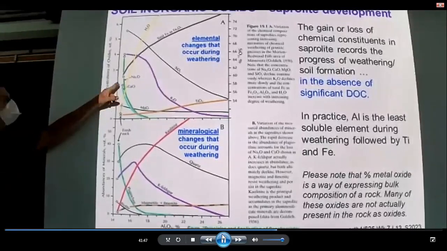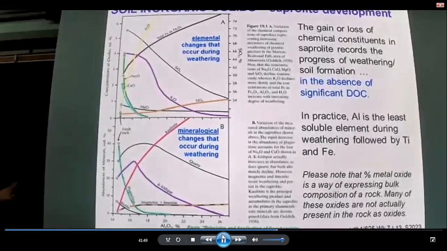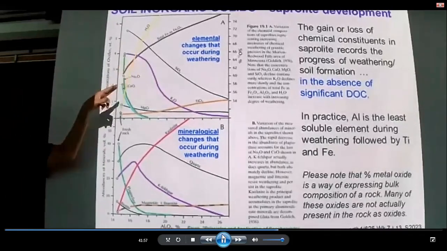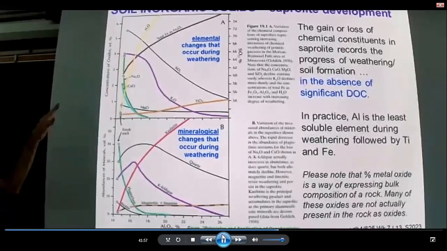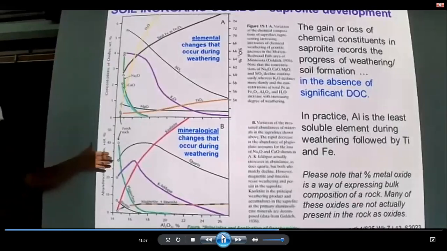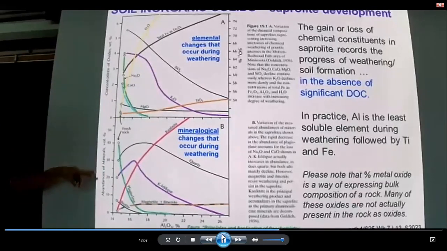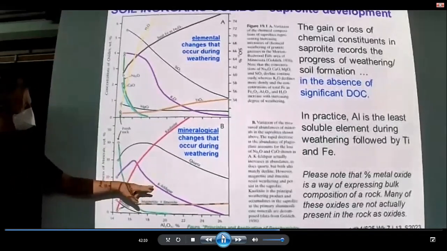Now, this is in a saprolite zone where there's no organic matter present. So the increase of iron implies oxidizing conditions where iron is insoluble and therefore builds up. If we happen to be in reduced conditions, such as in a very organic rich soil, then iron would have the potential to be reduced and or solubilized by the organic matter and therefore not build up as much. Pretty much the other elements won't be affected that much.